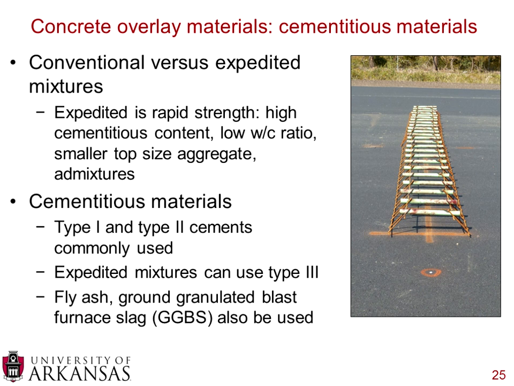So transitioning now into the materials. Just like regular Portland cement concrete that you use for conventional paving or structural applications, you have some cementitious materials in here. And the Technology Center kind of divided these material decision trees into two different parts: if you wanted a conventional versus an expedited mixture.